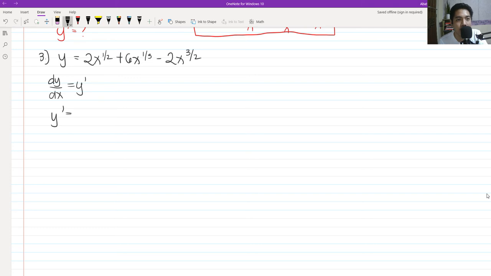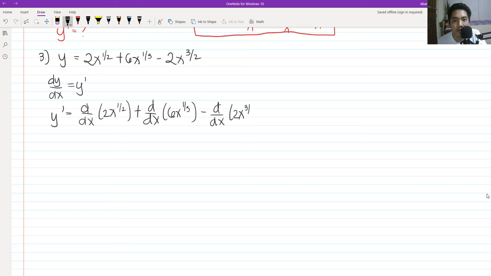So the y prime would be, this is pretty straightforward. So our n here, again, we can differentiate it by its term, each term, applying the property of differentiation. So what will happen here is that we are going to copy the n, which is in this case 1 half, and then we have 2x raised to 1 half minus 1.